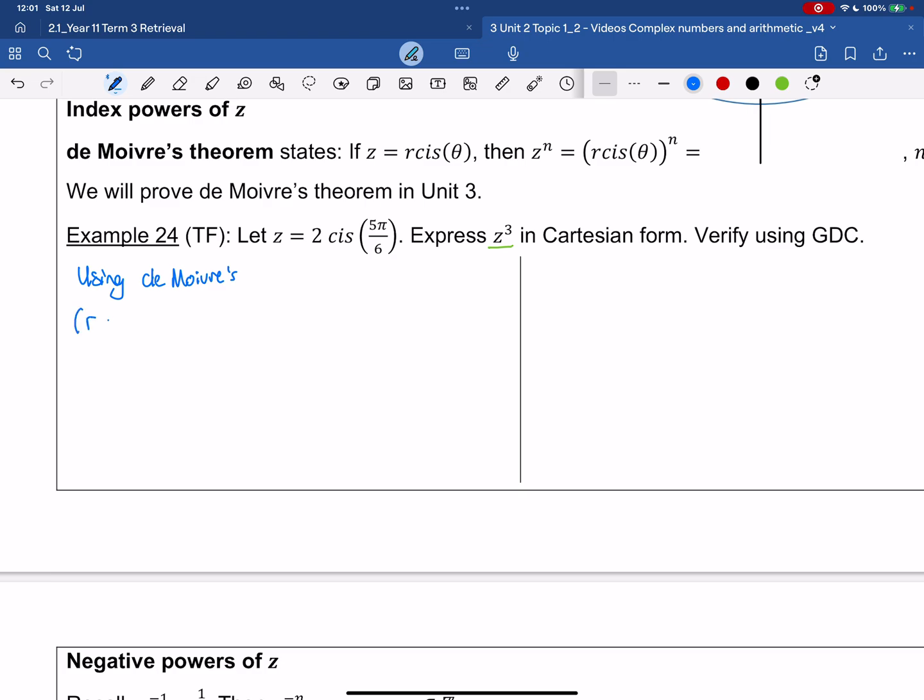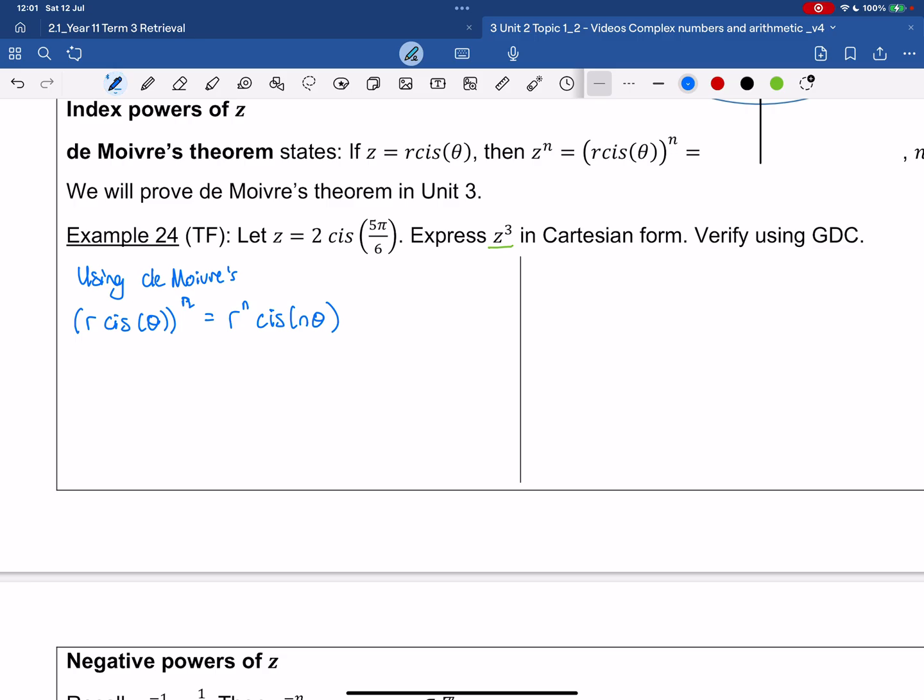What that says is that r cis of theta to the power of n is going to be r to the n cis of n theta.